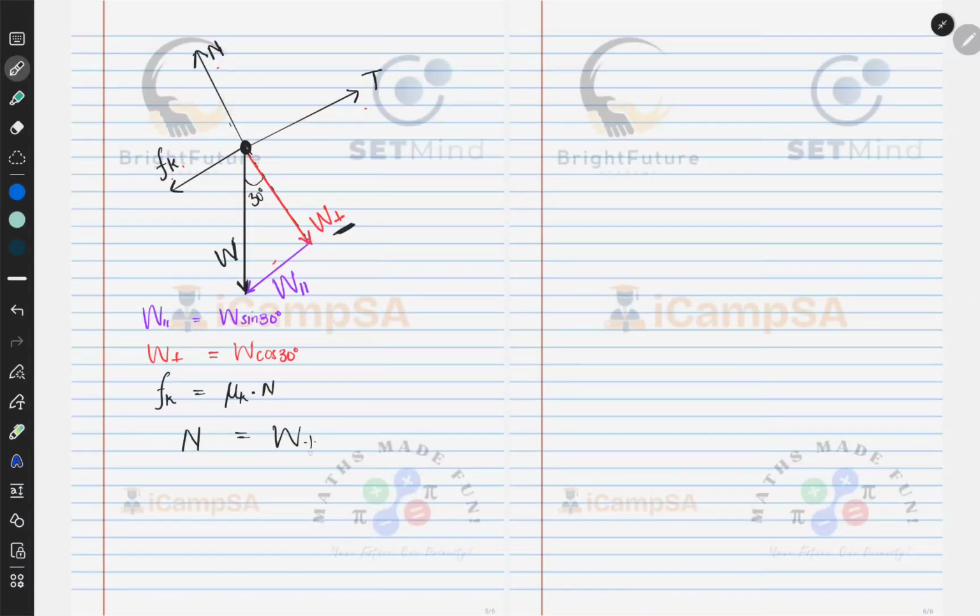Why? Because whenever we sum these forces, we would have said N plus, choosing the direction of N as positive, the weight perpendicular is going to be negative, and then we say this must be 0.